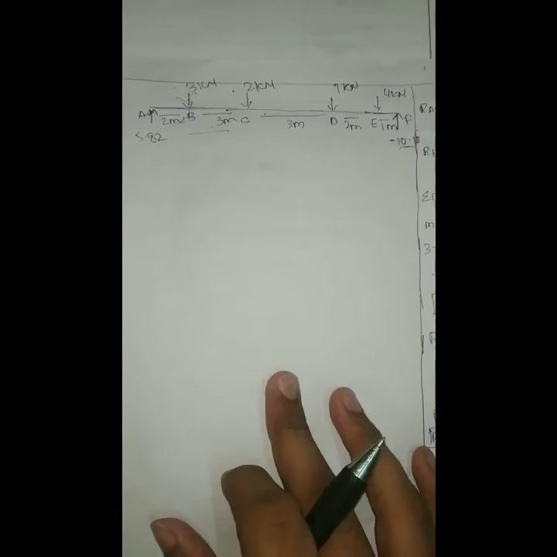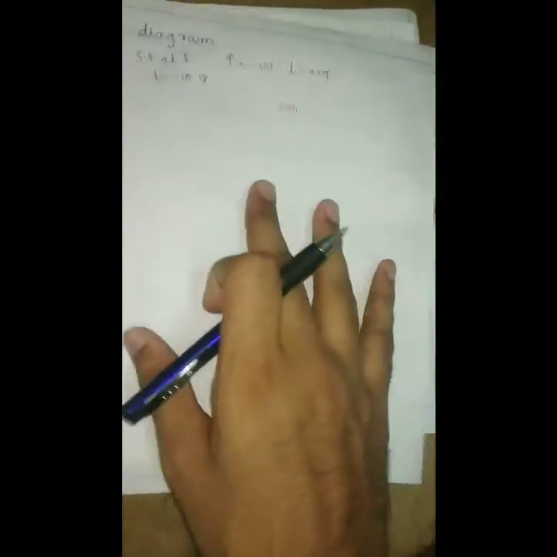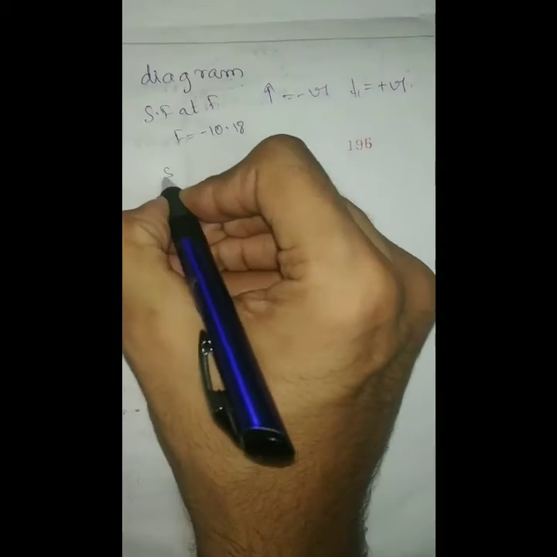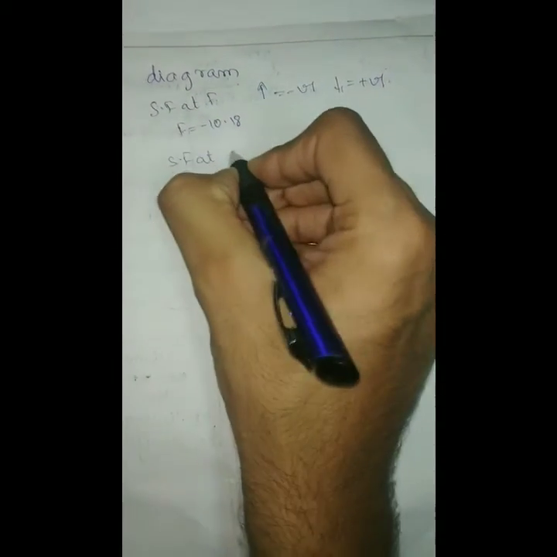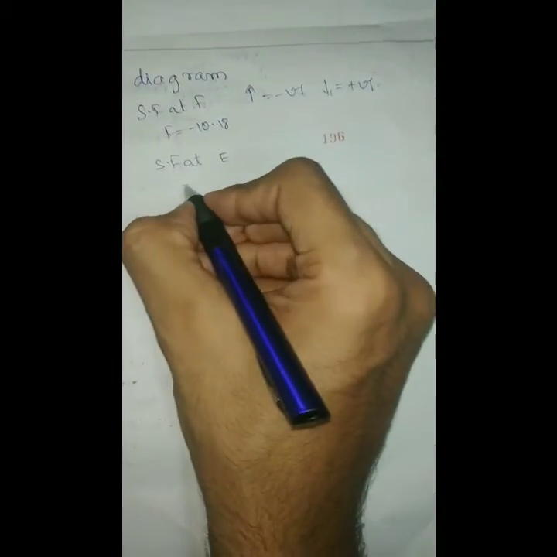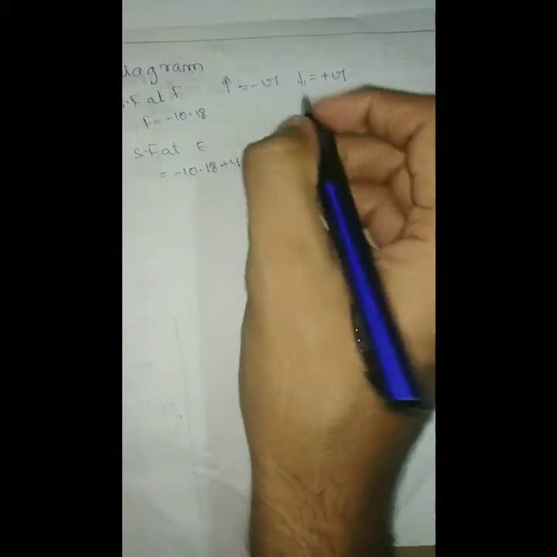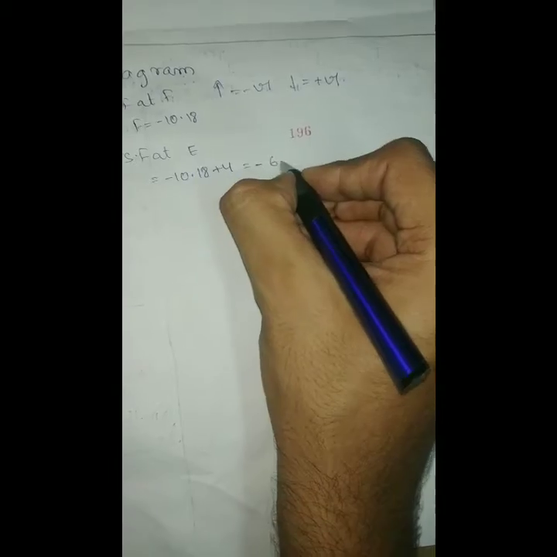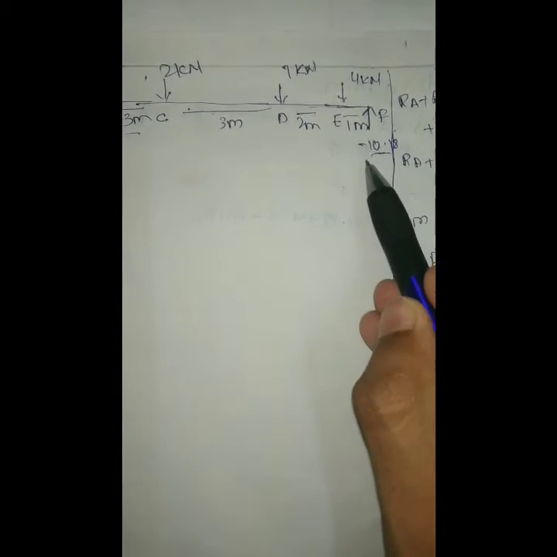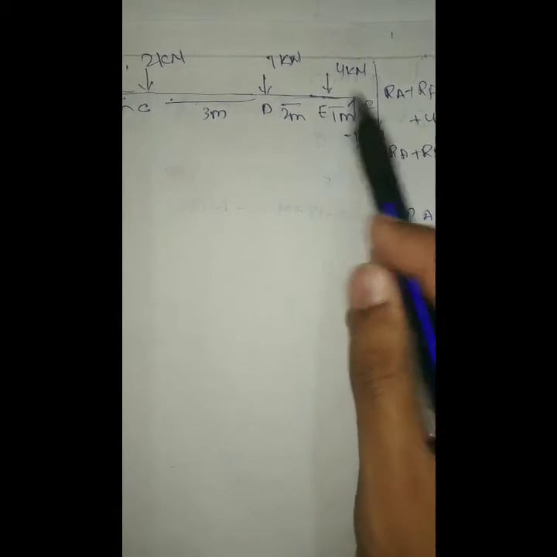Now after F, what we have is E. So the shear force at E is minus 10.18 plus 4, which is minus 6.18. Shear force is nothing but addition or subtraction of these forces.